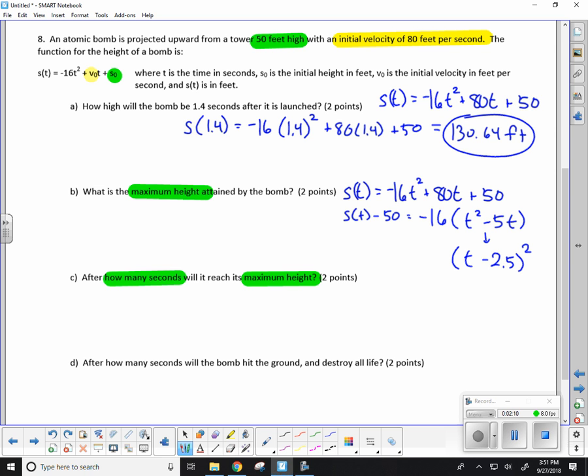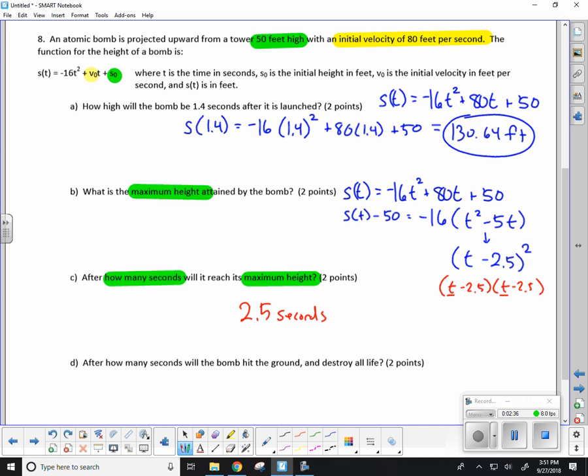Now, how do we make sure that that's the same as what's above? T times t is going to give us t squared. T minus 2.5, t minus 2.5. And by the way, we can already answer right now that it's going to take 2.5 seconds to reach the maximum. So when I multiply these two together, I'm going to get t squared.